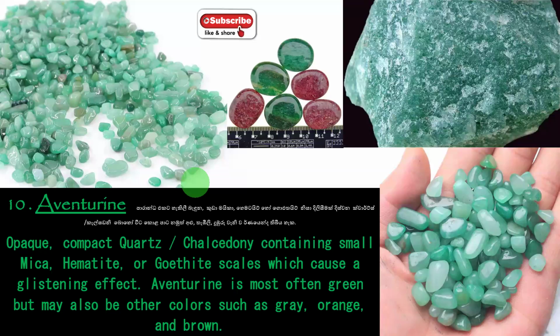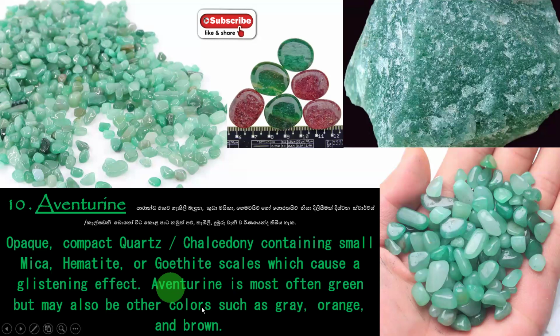Here it is aventurine quartz. These are the aventurine quartz roughs. See, all are aventurine quartz. Opaque, you know the meaning. Compact quartz, another name for that is chalcedony, containing small mica, hematite, or goethite scales which cause a glistening effect.